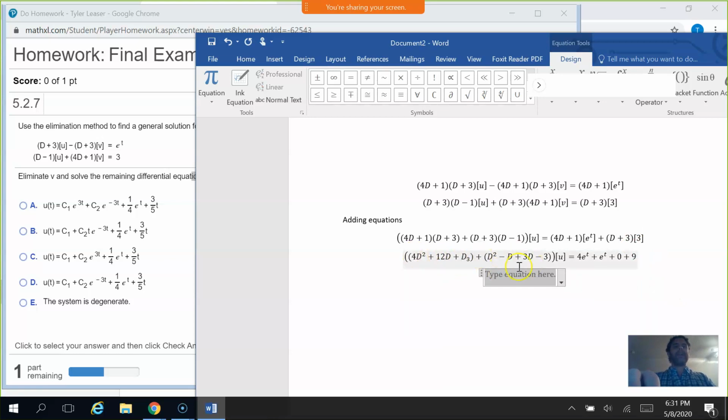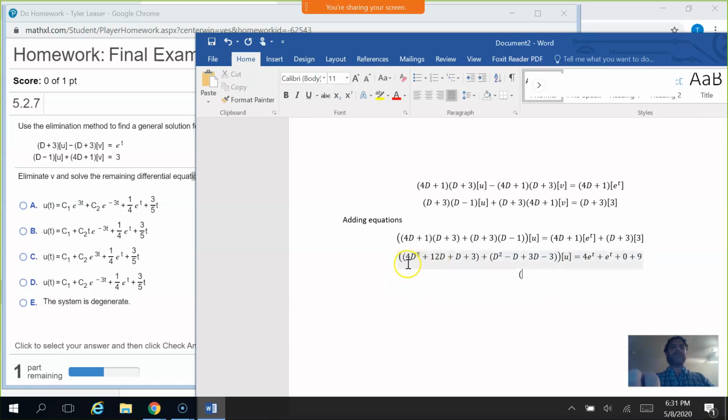All right, adding and combining the like terms over here. Uh-oh, I goofed it up a little bit, didn't I? 12D plus D plus 3. That looks better. So combining the like terms, we have a 4D squared and a D squared, so 5D squared. I have a 12 plus 1, 13, minus 1, 12, plus 3, 15D.